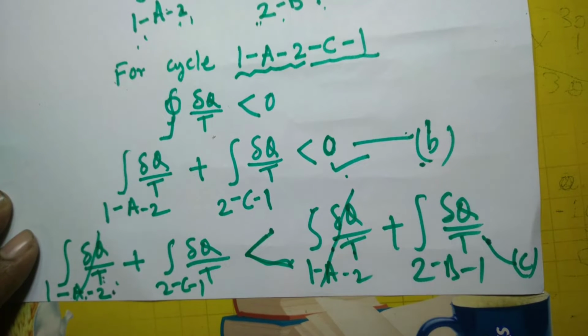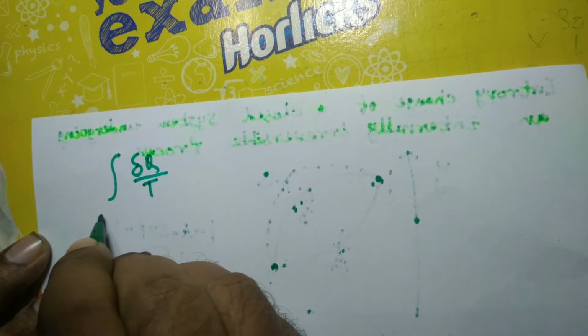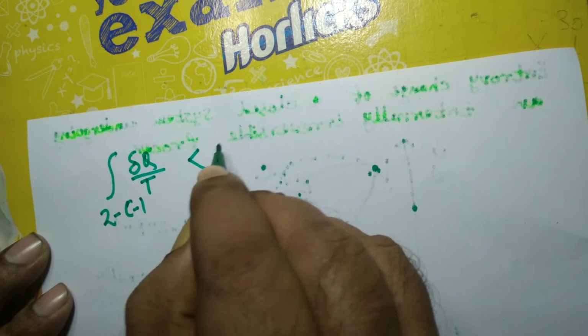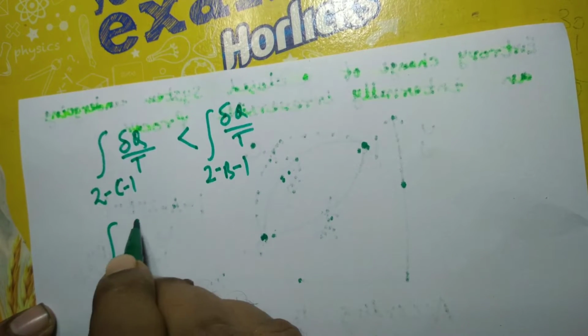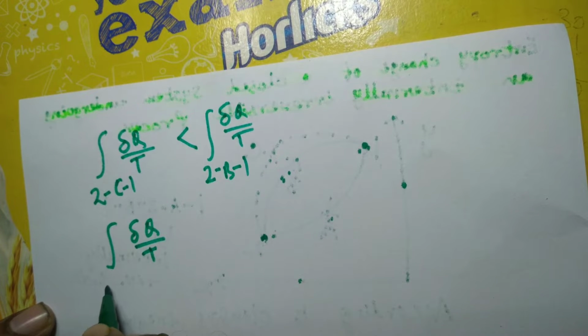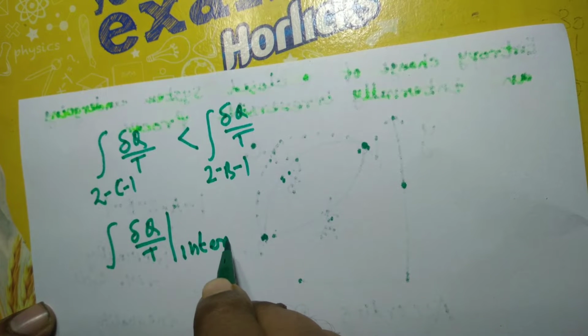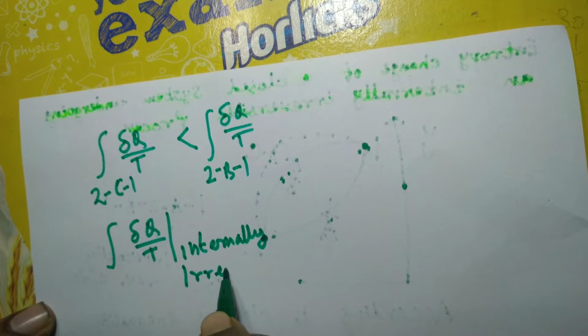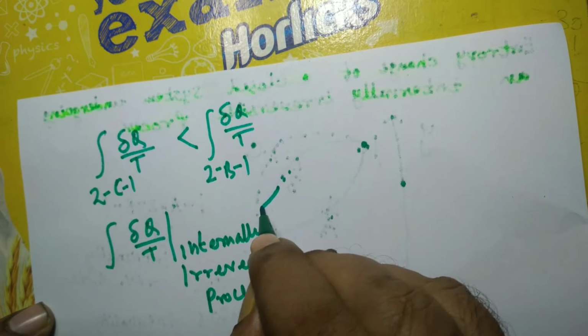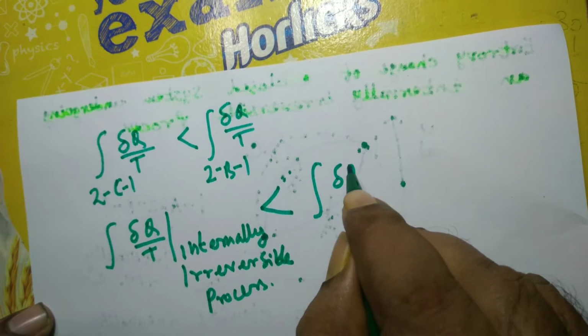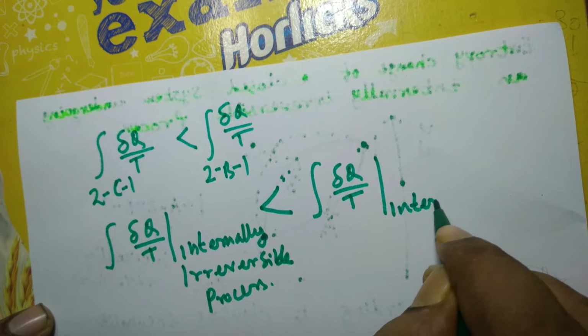Now this inequality results in the integral of del q by T along 2C1, an internally irreversible process, is less than the integral of del q by T along 2B1, an internally reversible process.